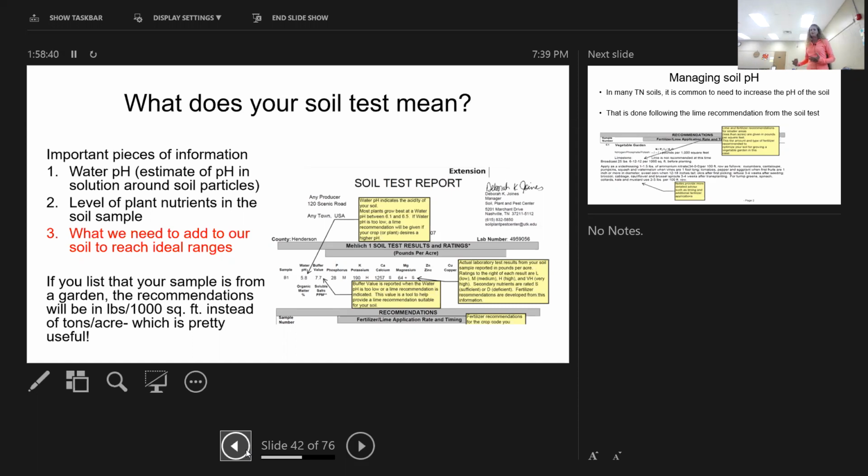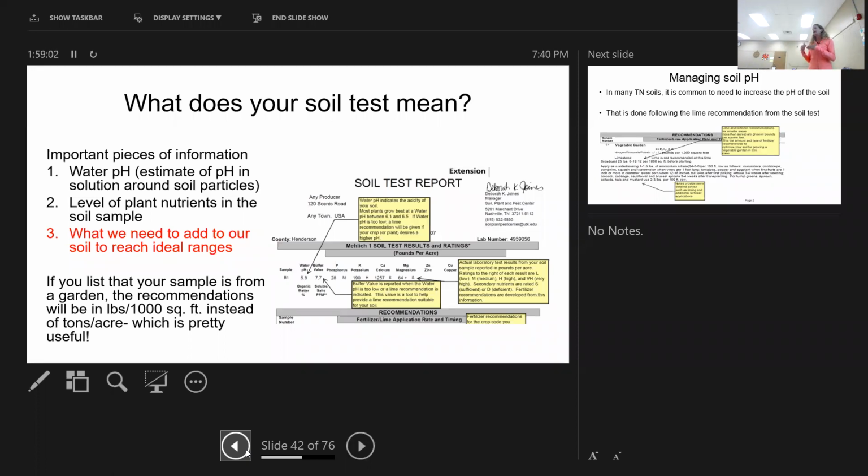Okay, so when you look at that form, you're going to give your sample a name. You'll just give it an ID. Some people will do the front yard, the backyard, side yard, so you'll just mark it however you can remember it. When you get your soil test results back, it's going to give you a level of expectation.